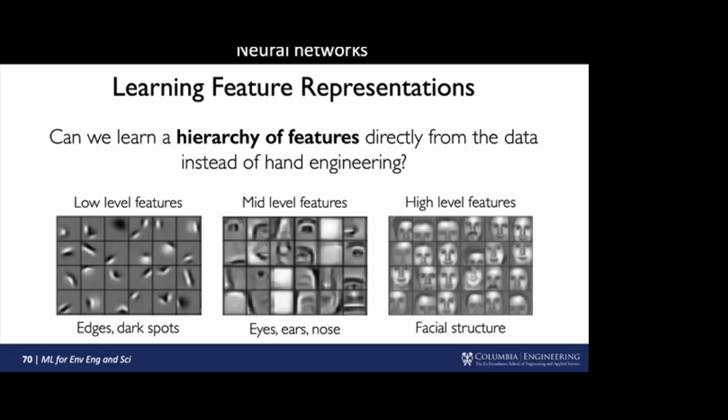In the middle level, it combines those into parts of objects like eyes or noses, right? At high levels, it learns abstract concepts like overall facial structure. Those are things that build in a hierarchy in neural networks. Each layer builds on the one before it. The more layers you have, the more complex the structures the CNN is able to detect. This hierarchy of features is learned automatically during training.